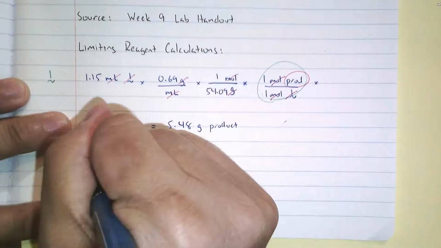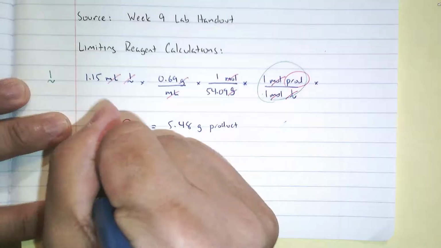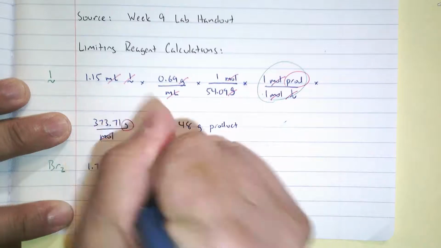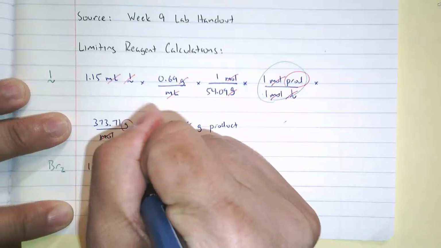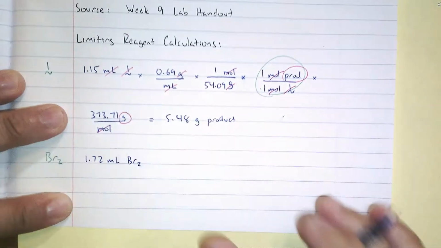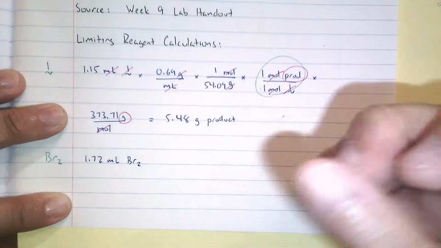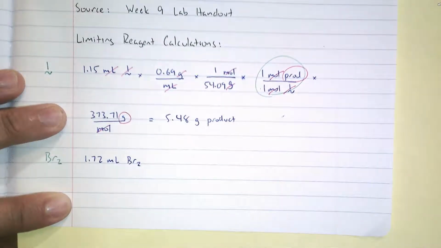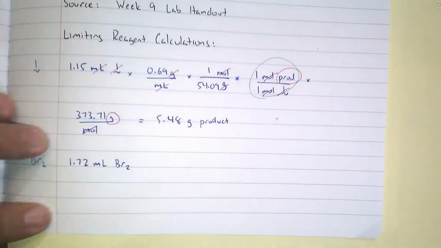Br2, at the top of the page, under your reaction, it says that we are using 1.72 milliliters of Br2, that brown, thick liquid that creates a lot of fumes. Oh, shoot. Why did I show you that video?